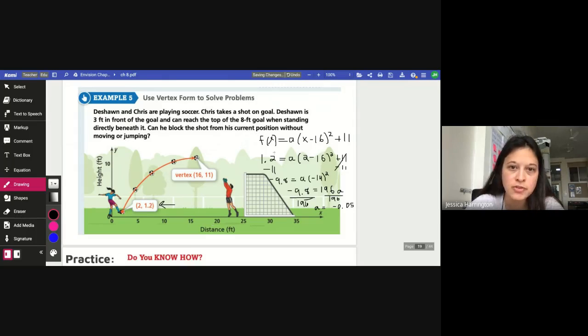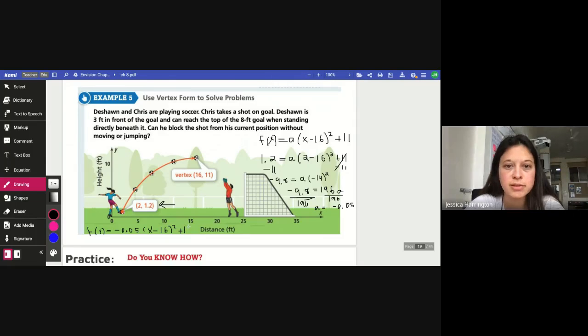So my equation, when I rewrite it here, is f of x equals negative 0.05 times x minus 16 squared, plus 11.